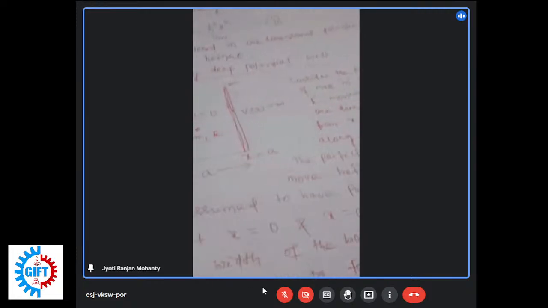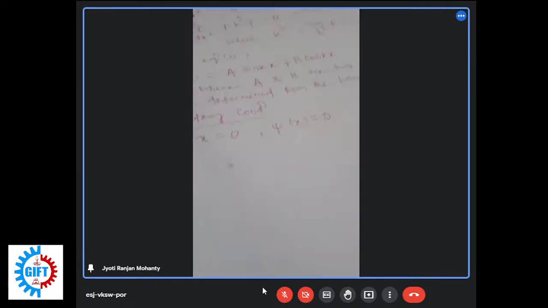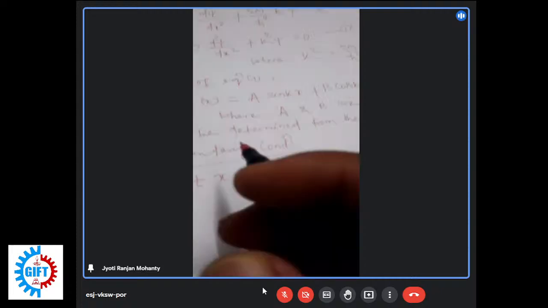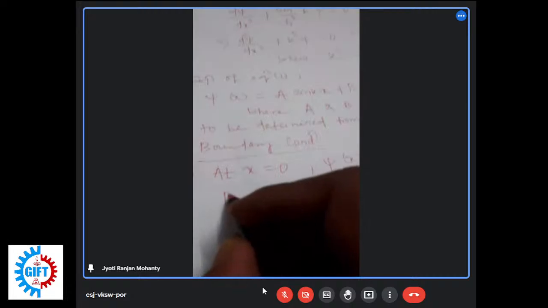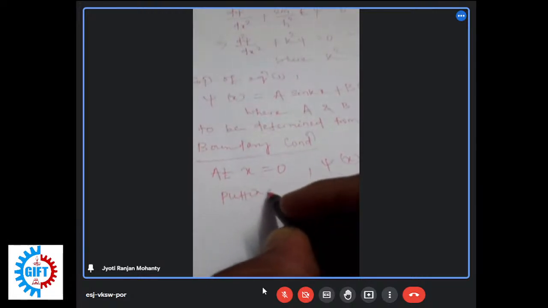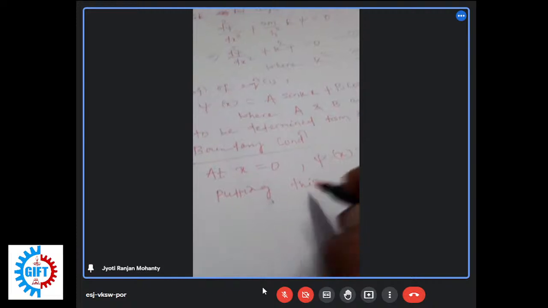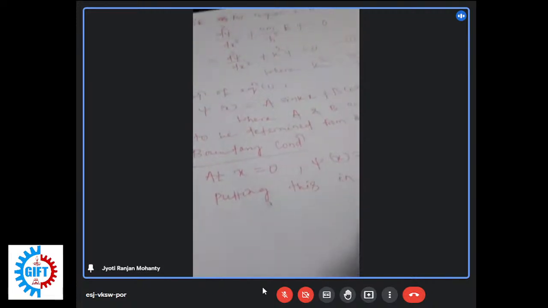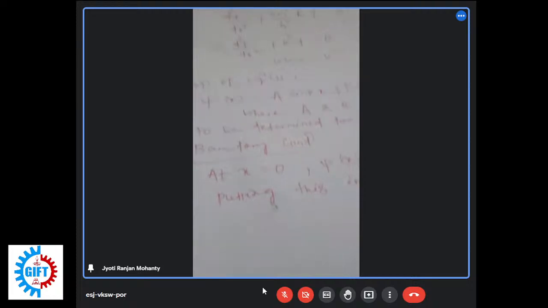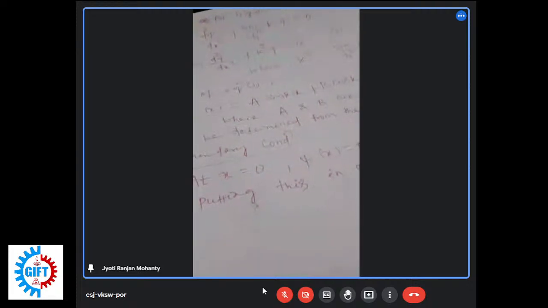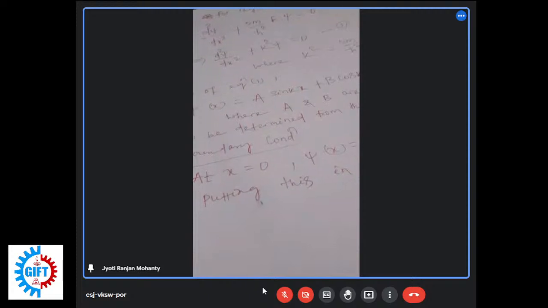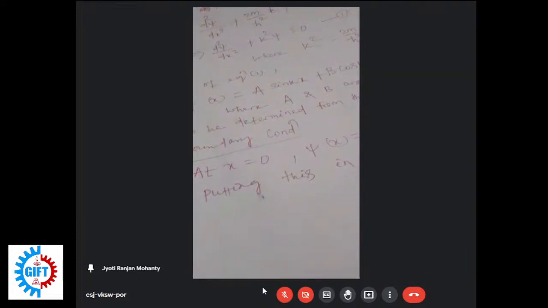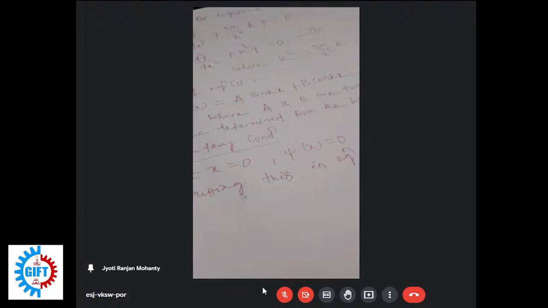So write, at x is equal to 0, psi x is equal to 0. Putting this in equation 3: a sin kx plus b cos kx is equal to 0, that means psi x is equal to 0.